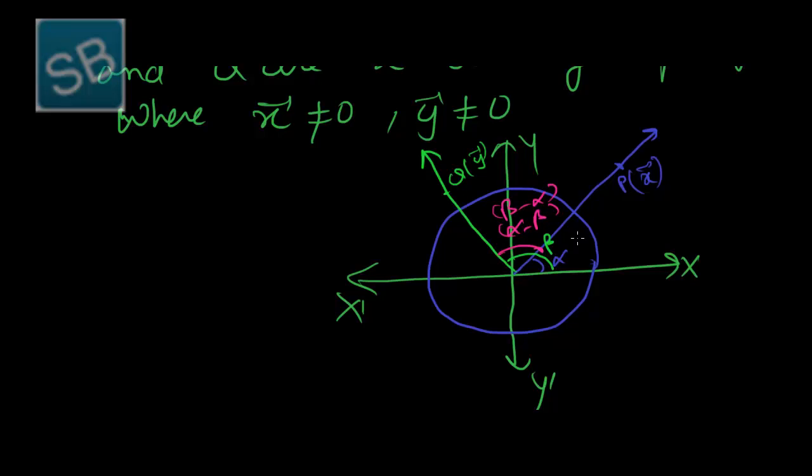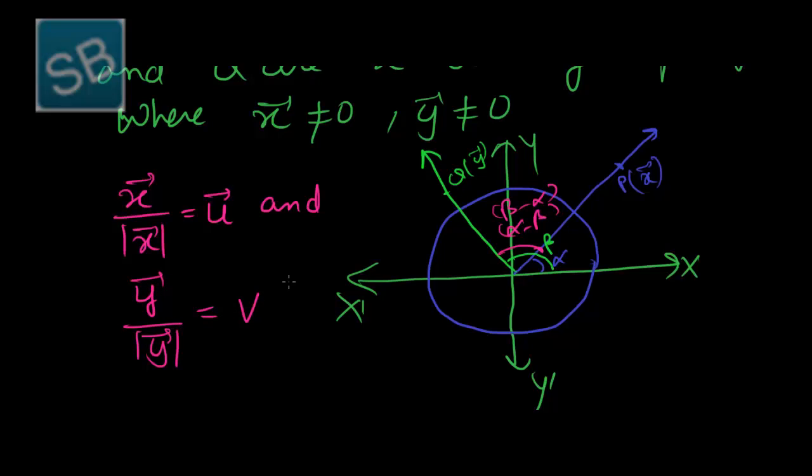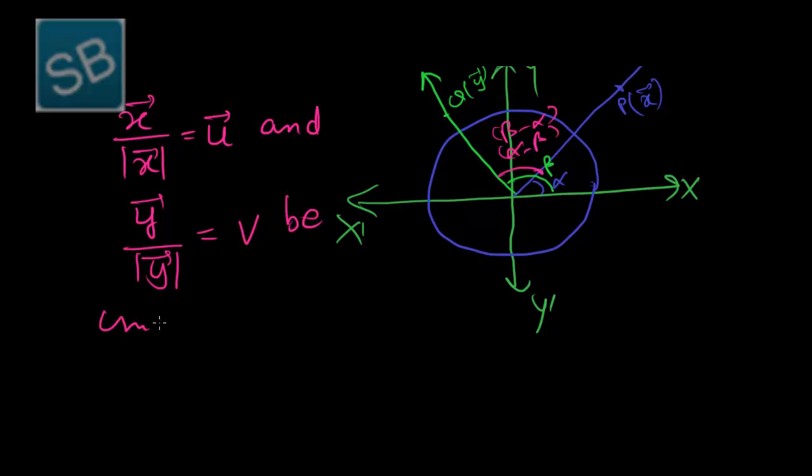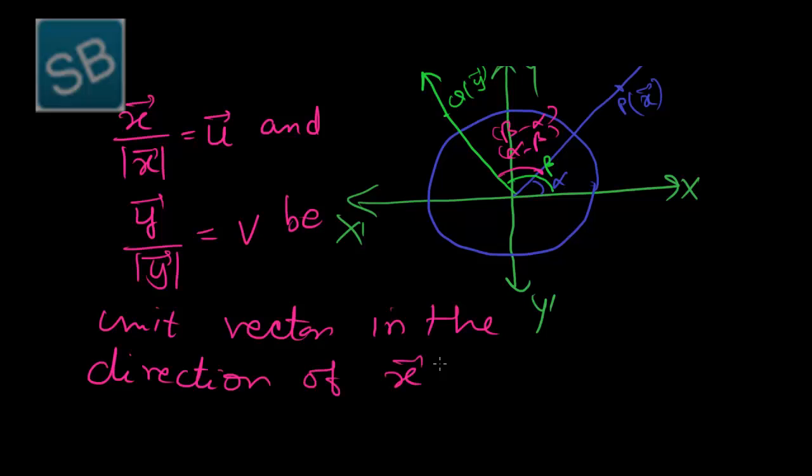So if we take x over modulus x, that is the direction vector of vector P, that is u, and y over modulus y, that is v, as unit vectors in the direction of vector x and vector y.